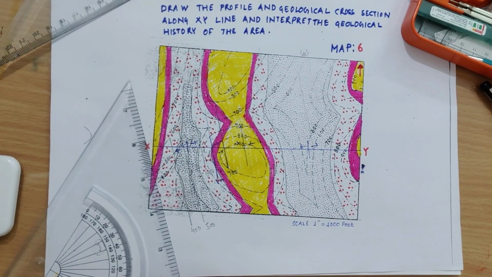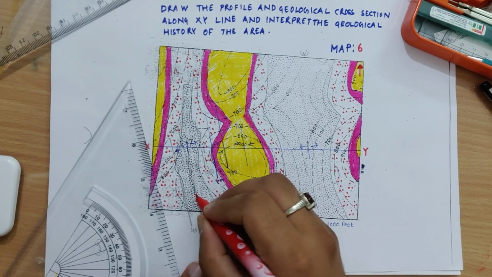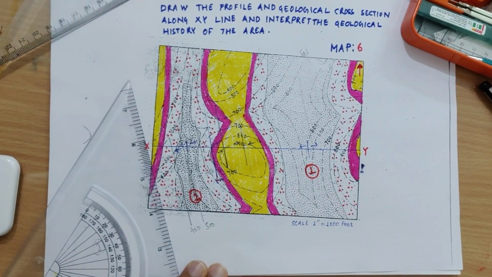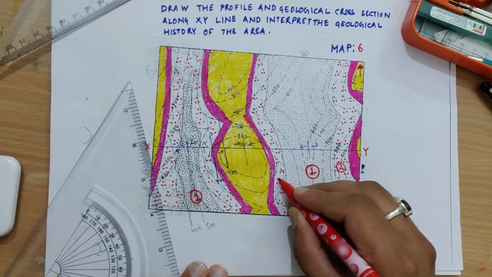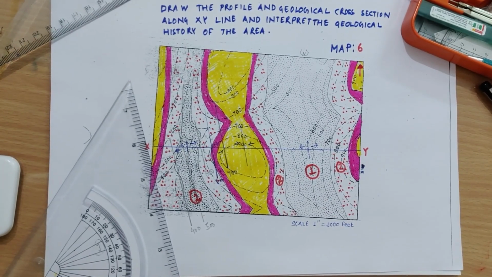Since the core of anticline contains the oldest bed, this will be bed number 1, and this will be bed number 2, and the pink one over here will be bed number 3. So we will have to represent it with different colors so that it is clearly visible.